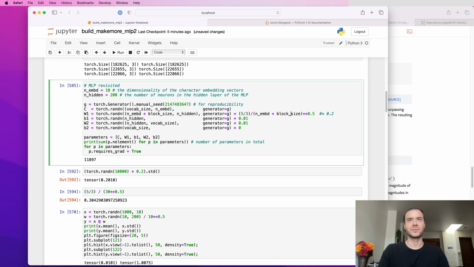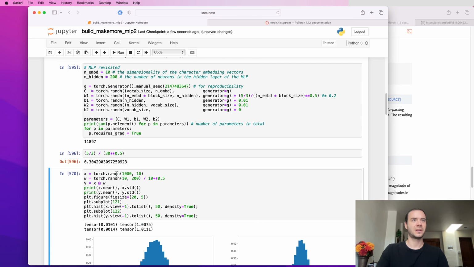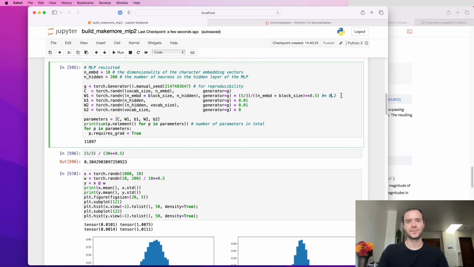These brackets here are not that necessary, but I'll just put them here for clarity. This is basically what we want. This is the Kaiming init, in our case, for a tanh nonlinearity, and this is how we would initialize the neural net. And so we're multiplying by 0.3 instead of multiplying by 0.2.